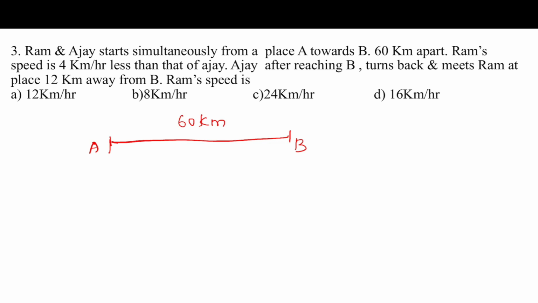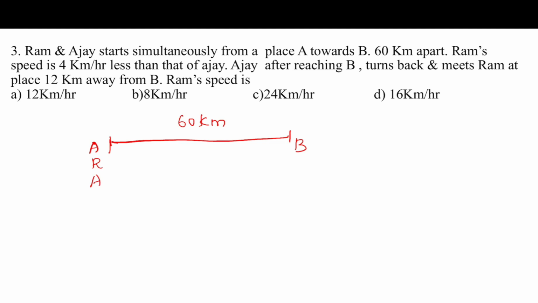Then Ram and Ajay both will start simultaneously, that means at a time both will start from A. Ram's speed is 4 km per hour less than that of Ajay. We don't know Ajay's speed, but Ram's speed is 4 km per hour less.